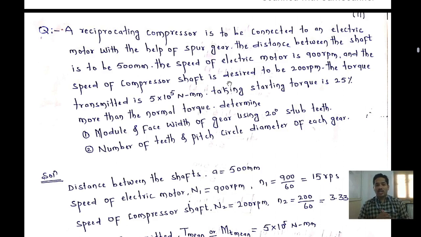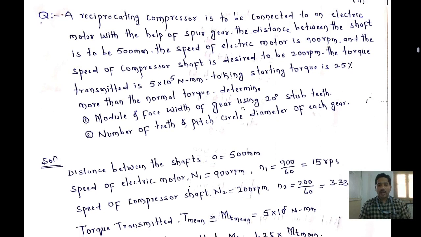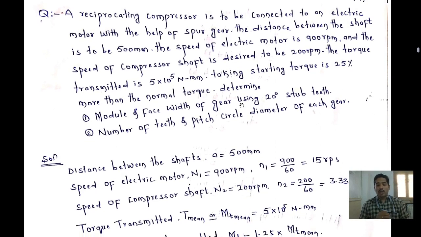The torque transmitted is 5 into 10 power of 5 Newton mm, so the mean torque is given as T minimum equal to 5 into 10 power of 5 Newton mm. Taking the starting torque as 25% more than the normal torque.